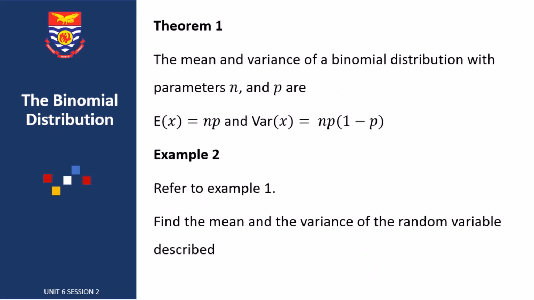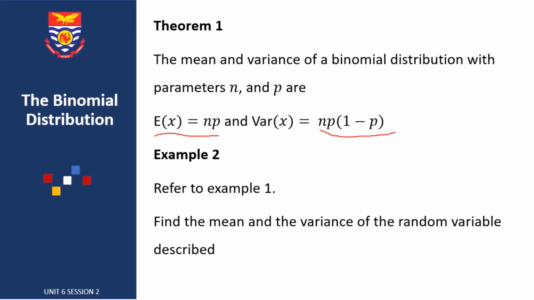Let's have another theorem. Theorem 1 talks about the mean and the variance of a binomial distribution. In simple terms, the mean, which is the same as the expected value, is just np, that's n multiplied by p. And the variance will be np multiplied by 1 minus p.